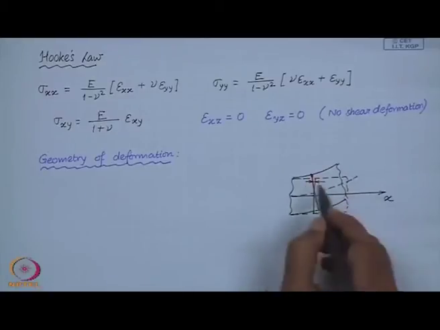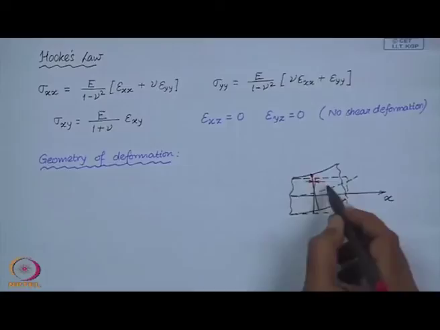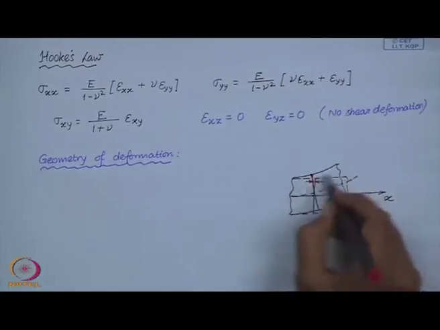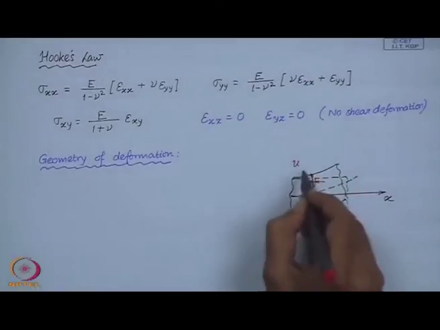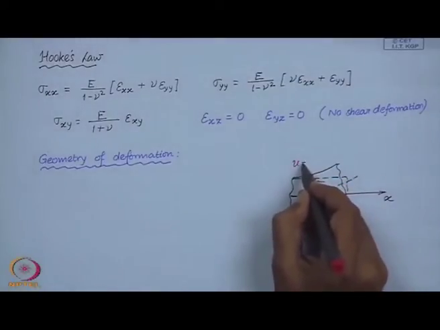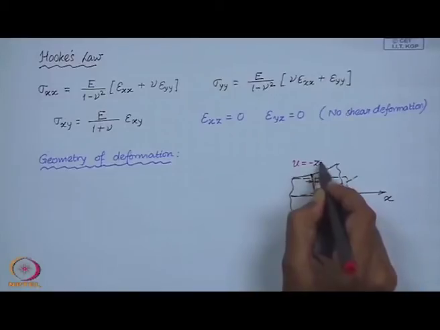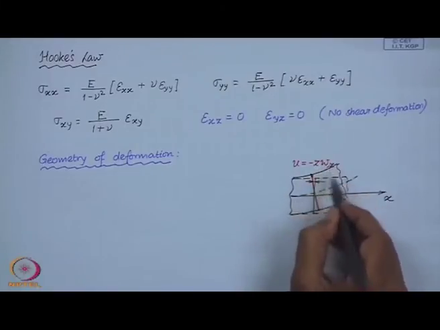So, the displacement in the direction of x can be written approximately, if you call that displacement as u, is minus z times del w del x.